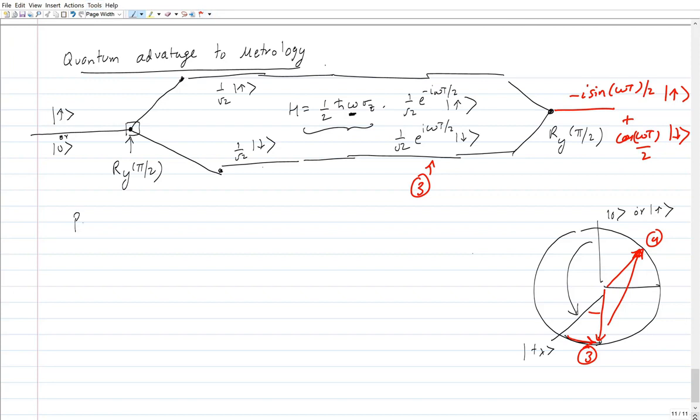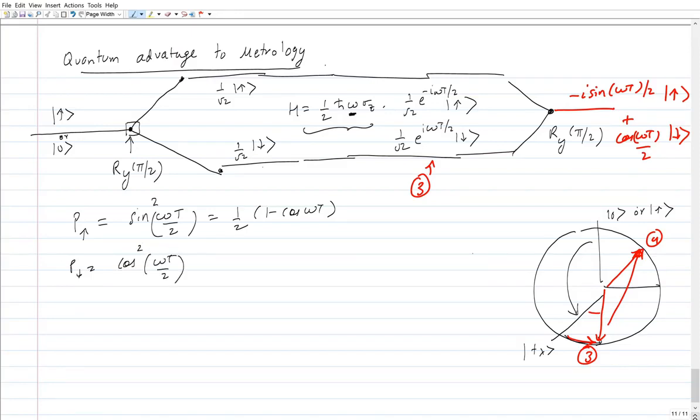Once I have converted this, the probability of detecting it in upspin is given by the Born rule, which was the probability of detecting it in the downspin.